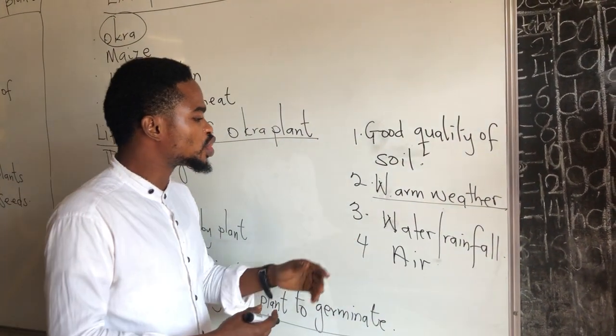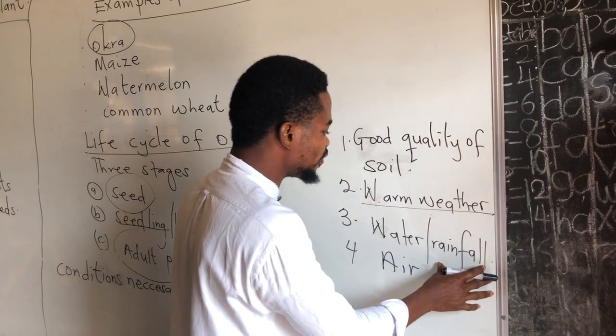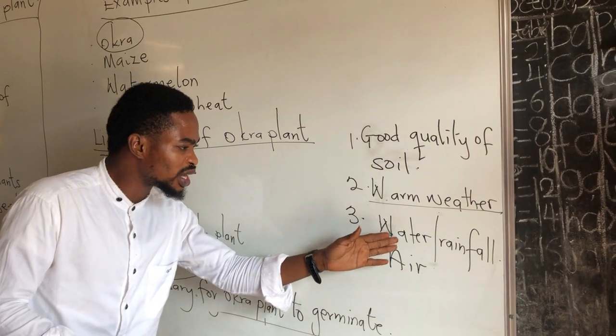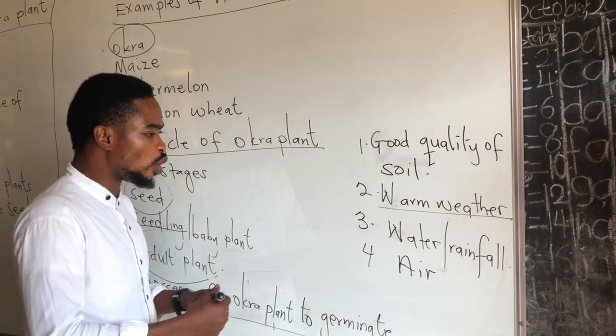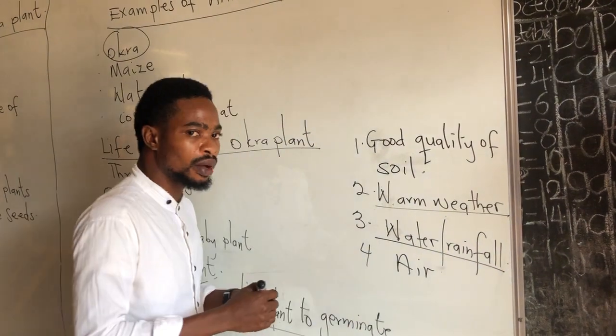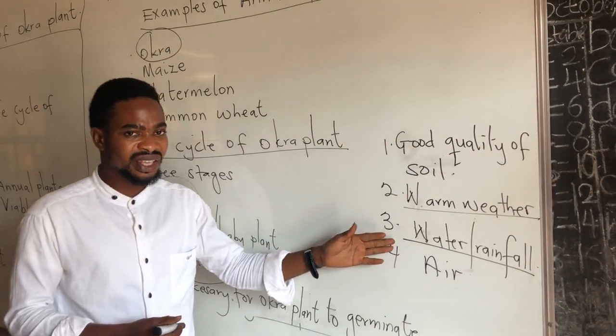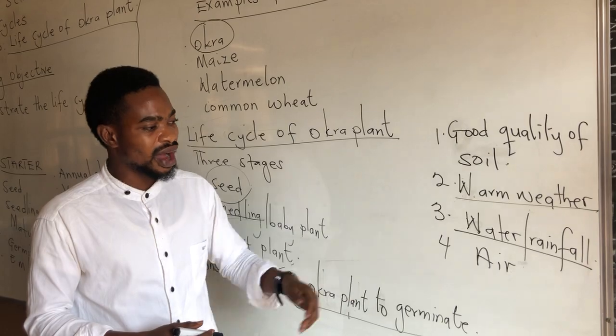We also have water or rainfall. Every plant needs rainfall or water to be able to do well. Without rainfall, plants cannot do well.